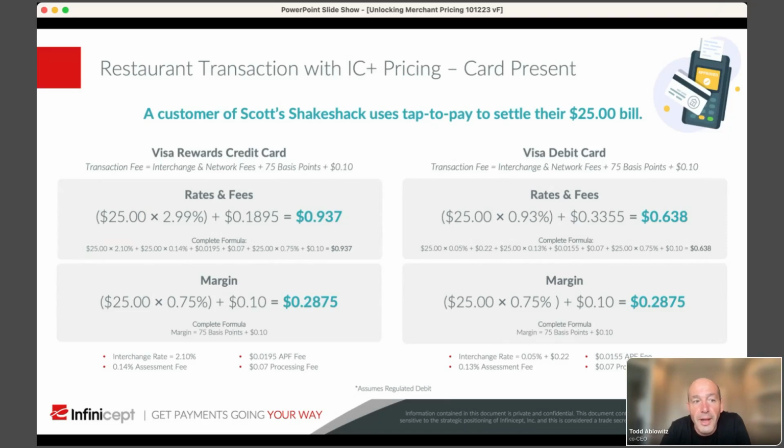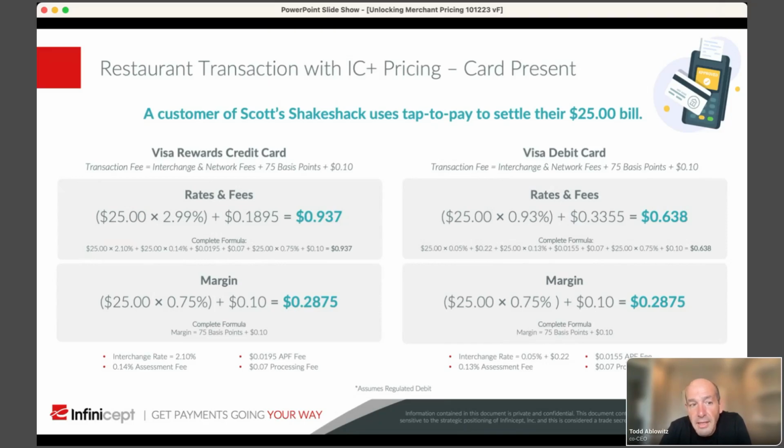Breaking that down a little more simply, you add all the percentages together, 2.1% plus 0.14% plus 0.75%, which is your margin, and you get 2.99% plus 18.95 cents. And that comes to 93.7 cents.